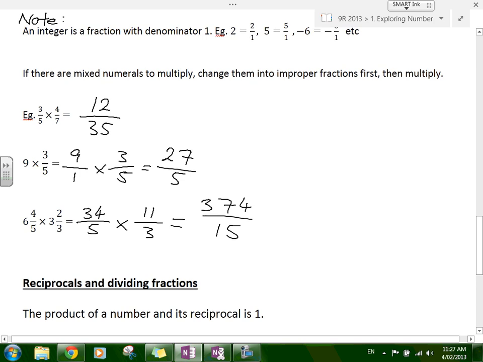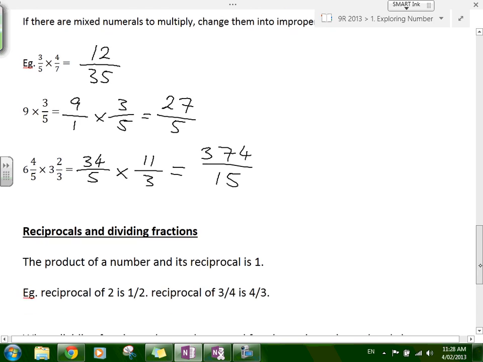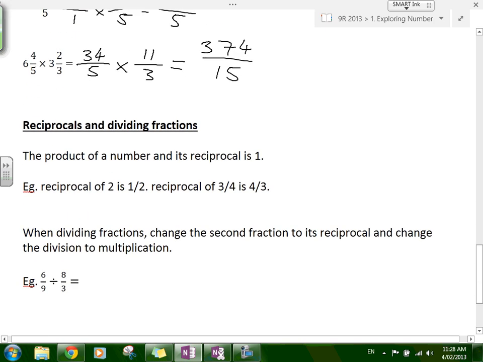Okay. Final thing for the day. Reciprocals and dividing fractions.